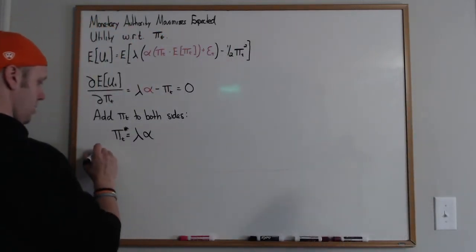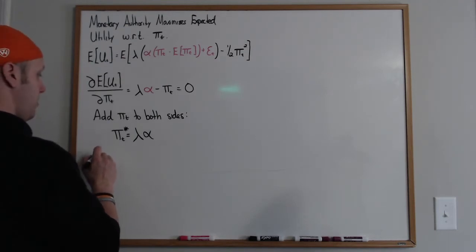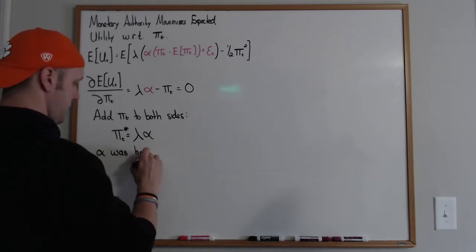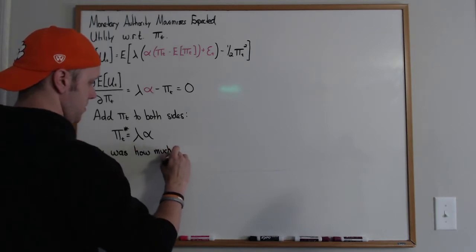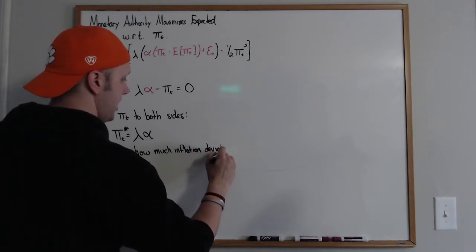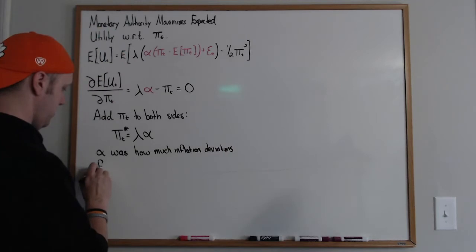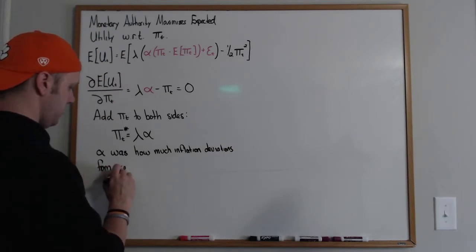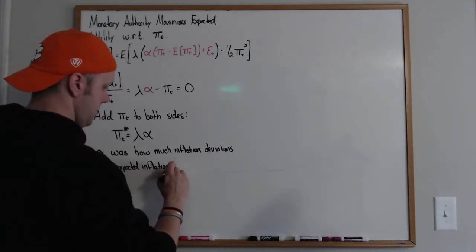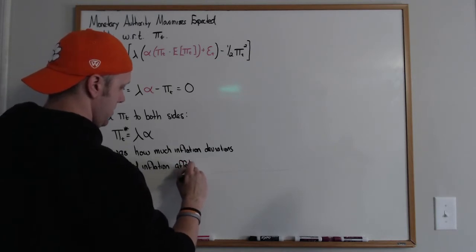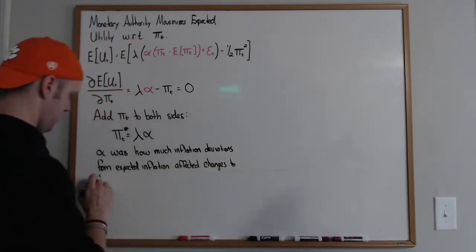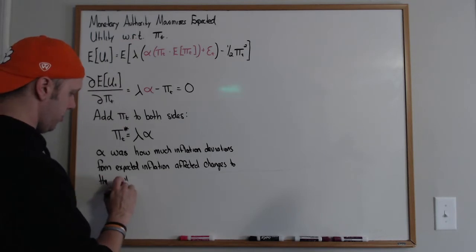Well, remember, alpha was how much inflation deviations from expected inflation affected changes to the growth rate of output.